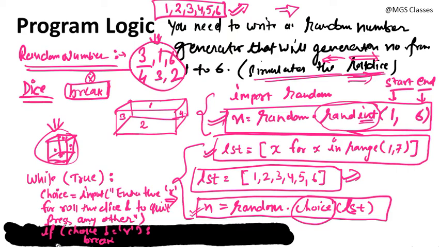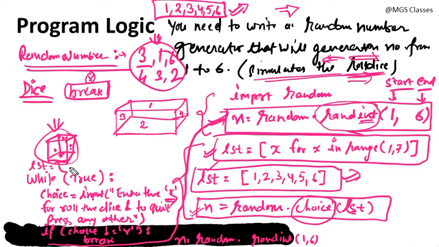Otherwise, we will generate a random number using any one of these lines. Either you write n equals random.randint and pass 1, 6 outside the if, or you may create a list outside: lst equals 1 2 3 4 5 6, and use n equals random.choice and pass the lst here. So write one of these lines here, and then simply print n.